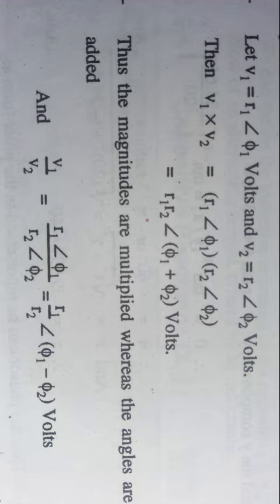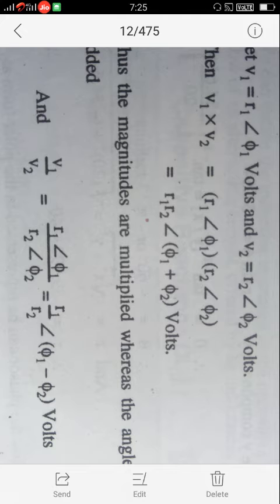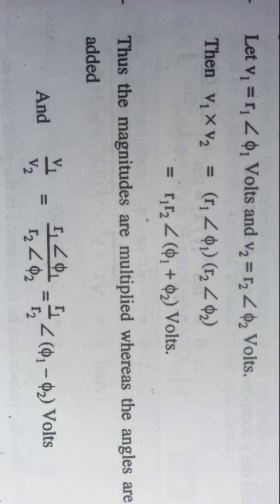If it is given in rectangular form, then first we have to convert that phasor into polar form, and then we will go to multiplication and division by using these formulas.